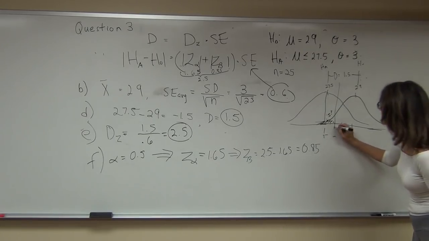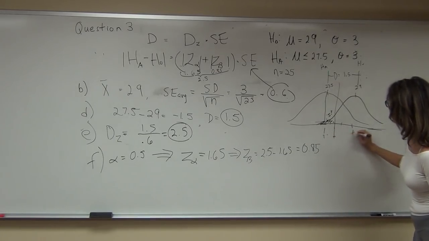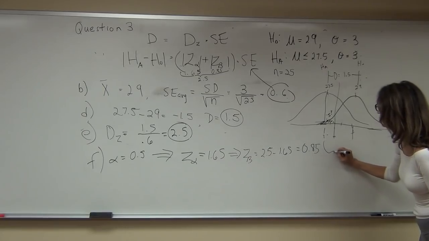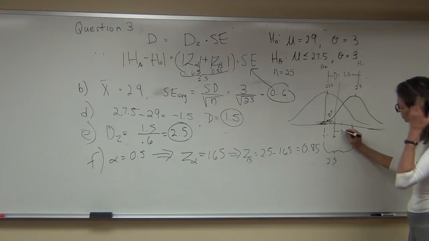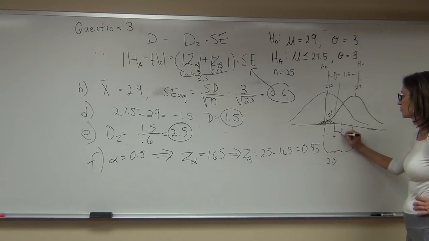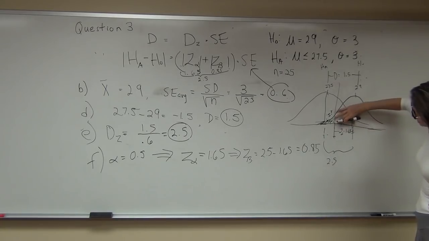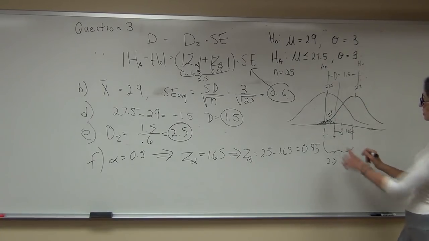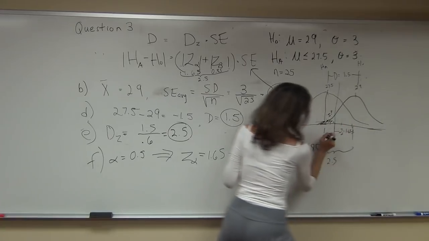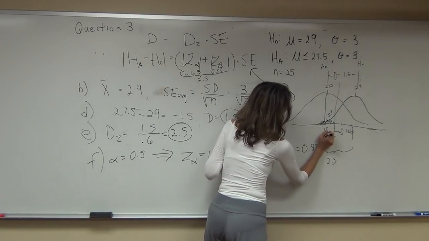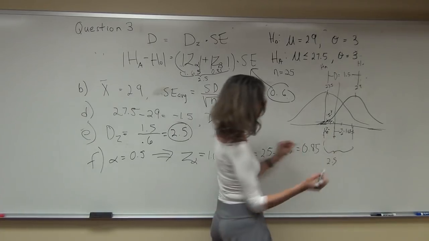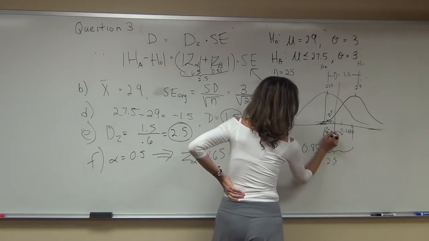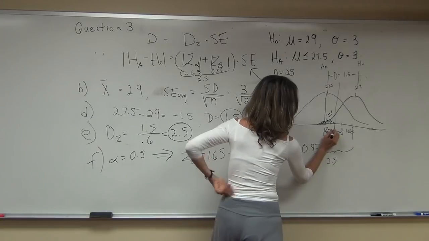The whole thing is 2.5, and this piece is the alpha, which is equal to 1.65 in distance. And then we're saying, what must Z beta be? This is Z beta. Well, this has to be 1.65 plus 0.85. So that's where we get the 0.85.